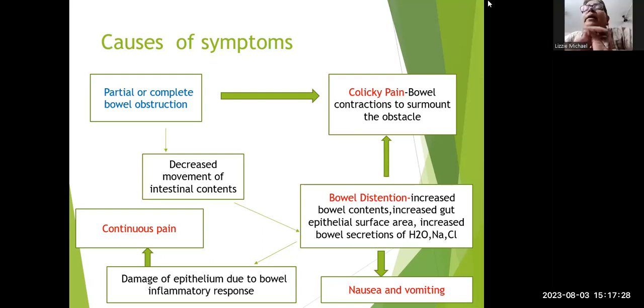Ma'am, it could be colicky pain, and as you said, partial or complete bowel obstruction. Due to this colicky pain, he might be getting excessive vomiting. Yeah. Along with vomiting, what else can you see, ma'am?